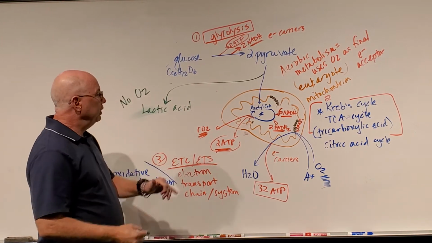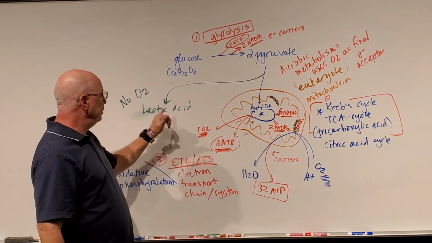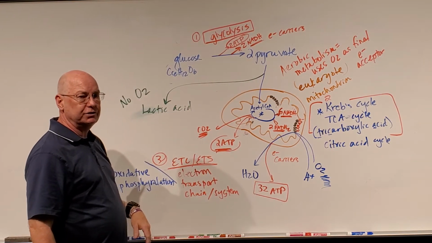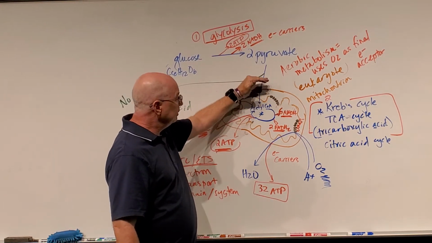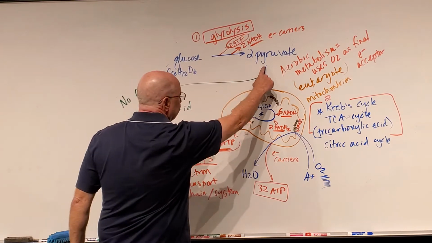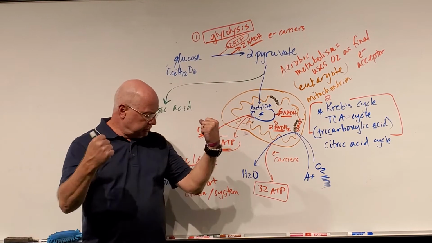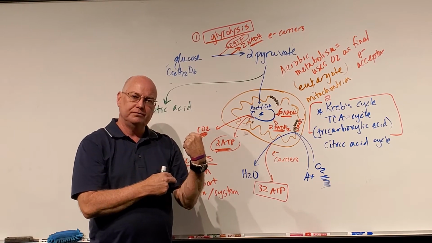So when I'm breaking down glucose to make energy, ATP in my cells, if I do it with not enough oxygen present, I can't convert the pyruvate into acetyl-CoA and finish this process. I simply kick it over and make lactic acid. And lactic acid is what causes our muscles to be sore.